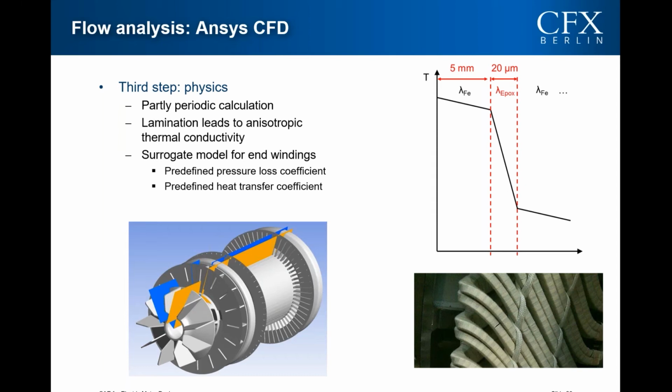Instead, we used a surrogate model, a so-called porous medium approach, where we predefine a pressure loss coefficient and a heat transfer coefficient for this flow region. These coefficients have been estimated analytically, but they could also be obtained by measurements.